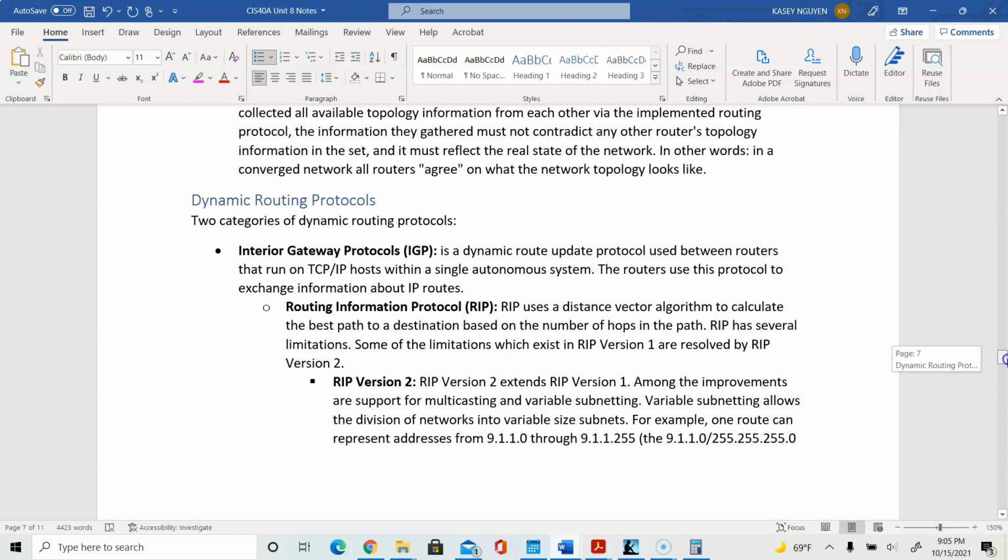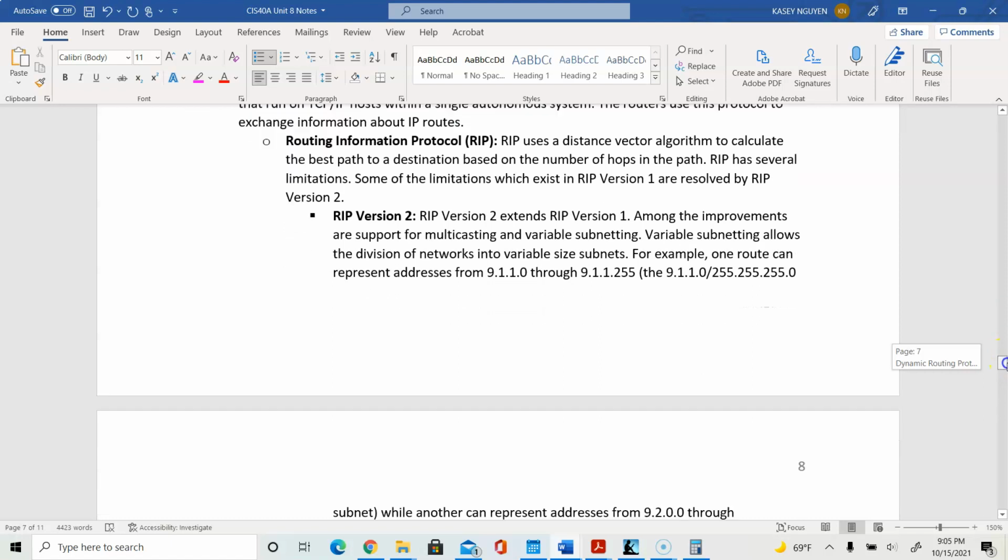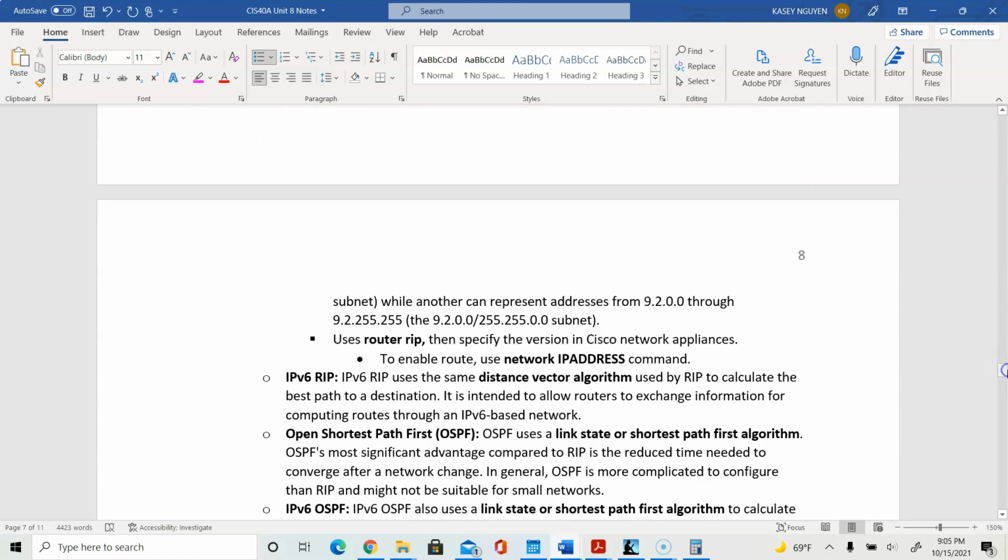Now, RIP version 2 is better than RIP version 1 in that it is an improvement. It's more stable. In a Cisco router, you would use router RIP to be able to use that feature on the router to route using the RIP protocol. There is also IP version 6 RIP.